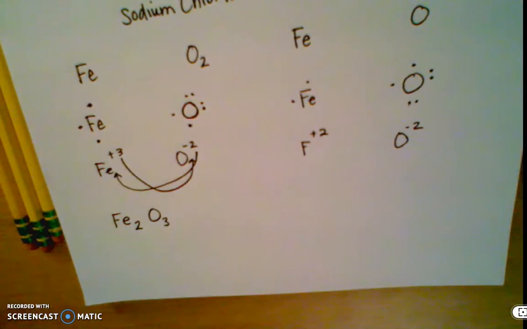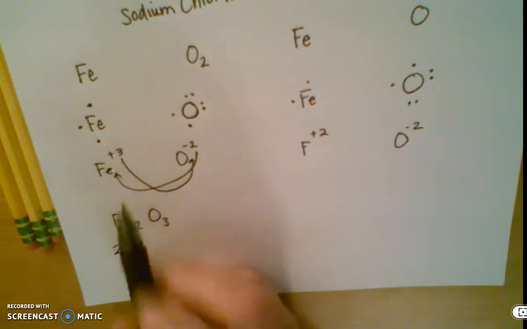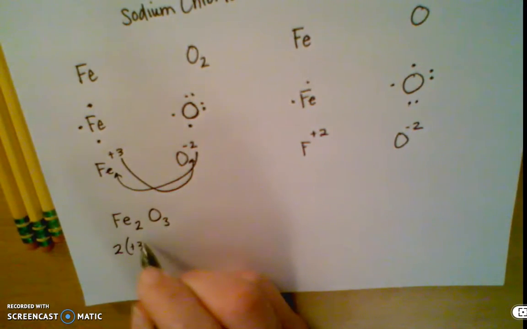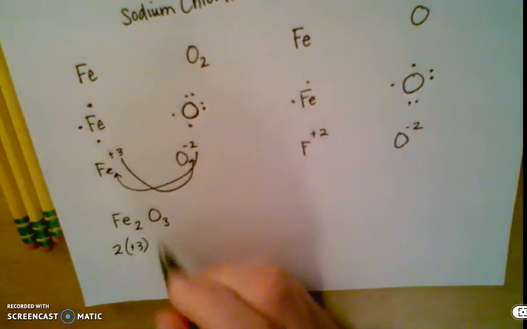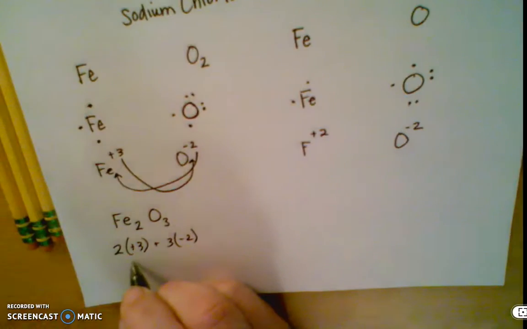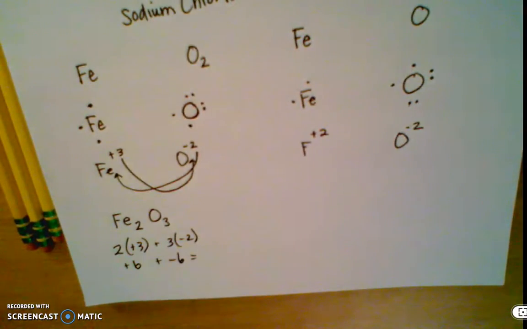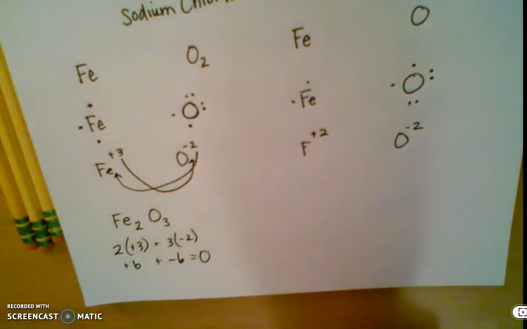And if we were to look at our charges doing this, you could take the 2 times +3, and you could take the 3 times -2. You would end up getting a +6 and a -6. And if you take +6 and -6, you get an overall charge of 0.